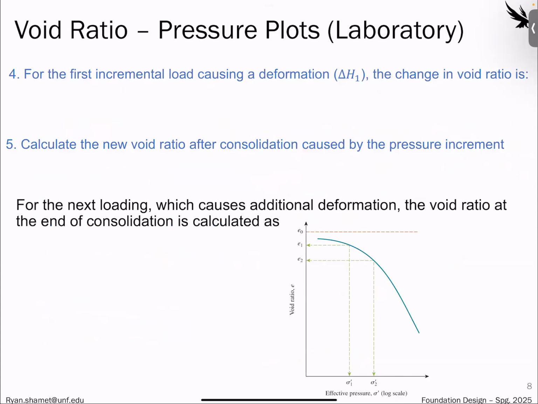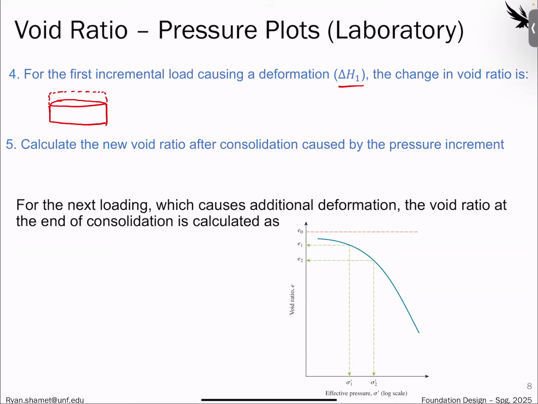So for the first incremental loading causing deformation, I'm going to call this change in height 1. Remember, what is actually happening is we have this hockey puck of a sample, and originally it was this high.